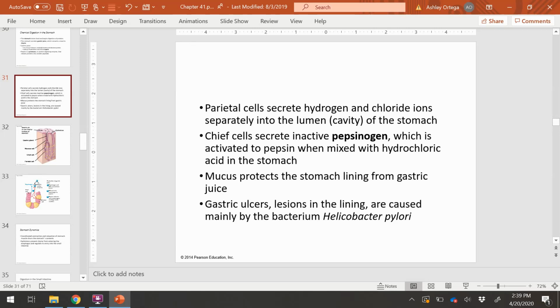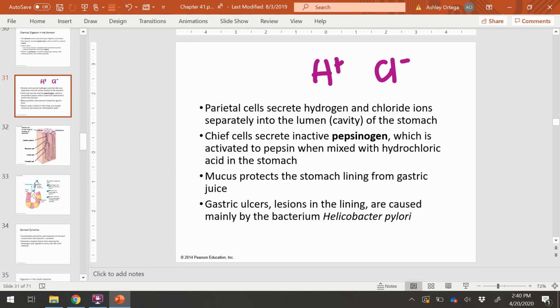And so how do our cells make this gastric juice, you may ask. Different cells will secrete different molecules. The parietal cells will secrete hydrogen and chloride ions, so hydrogen H plus and chloride Cl minus ions, separately into the cavity of the stomach.